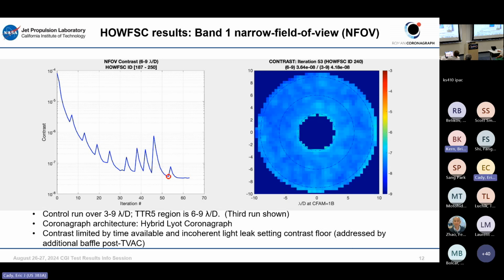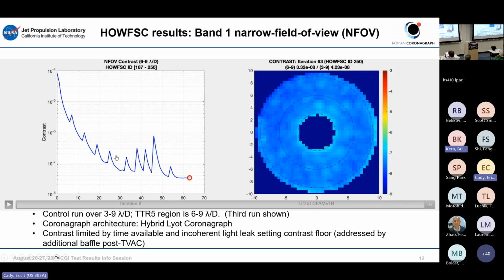This was the HLC, and there's two things that limited it. We were limited by time available. You can see the slow roll at the end. That was us trying to wrap things up cleanly, without having it spike up and end halfway through right here.